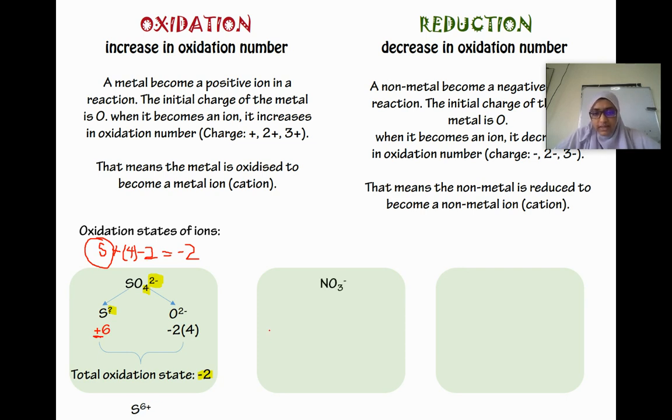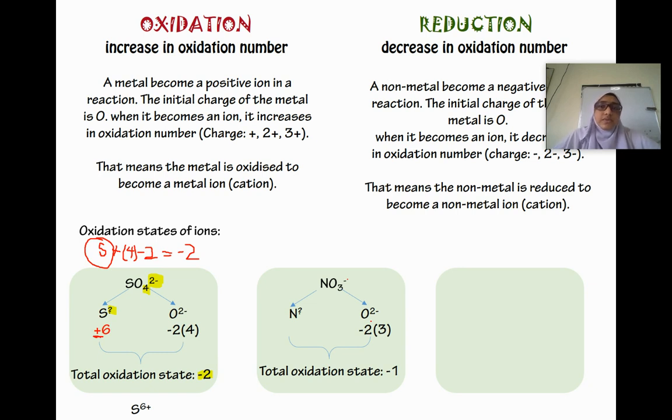Okay, so nitrate, again, it has a charge of a minus, right? That means its total oxidation state is -1. Okay, so we don't know N, for example. We know O is a 2 minus most of the time. Total oxidation state is -1 from here, right? -1. So oxygen, we assume that it's going to be a -2 usually. And how many oxygen is there? There are 3 oxygens, so times 3.